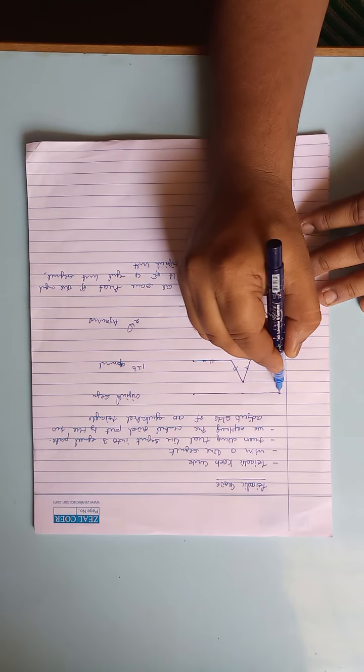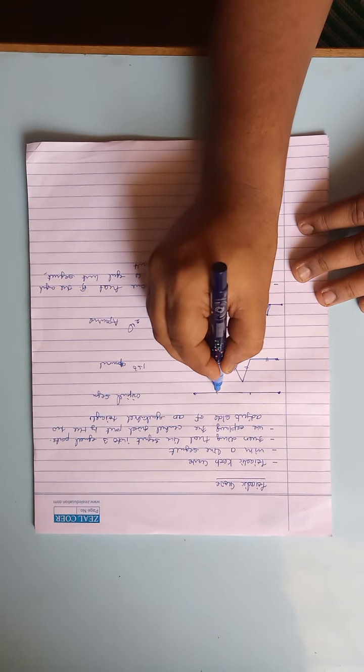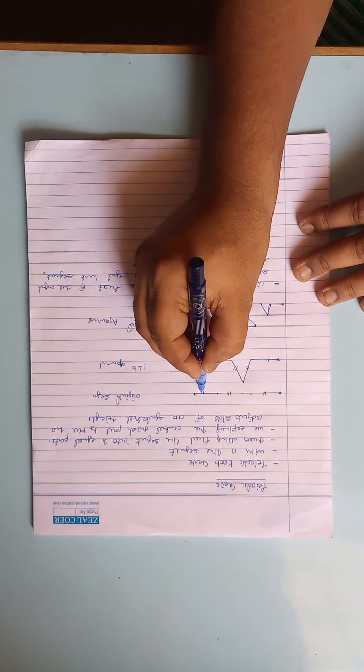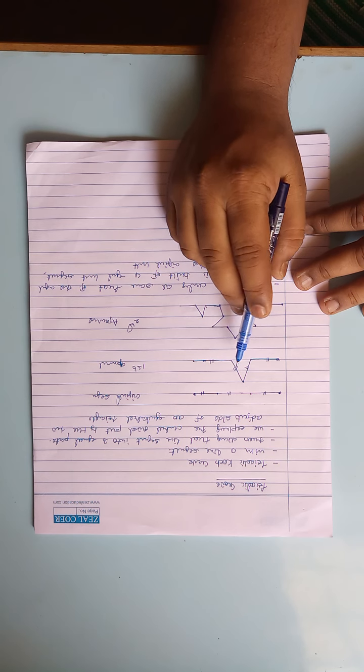So the line is divided into three equal parts, and we add the adjacent equilateral triangle.